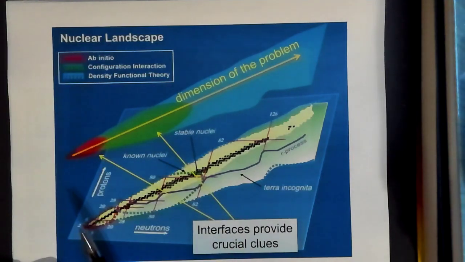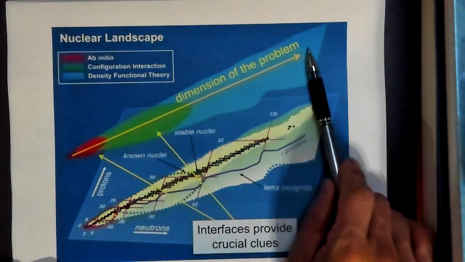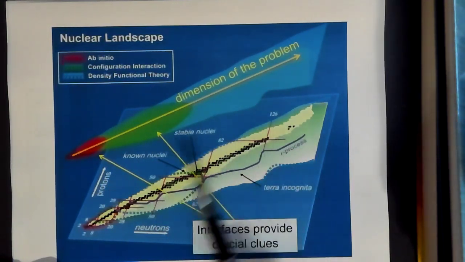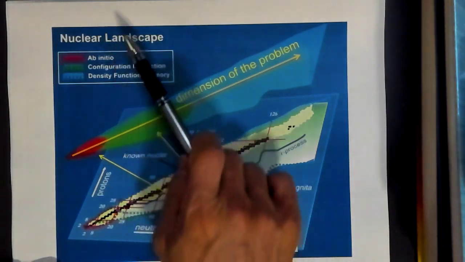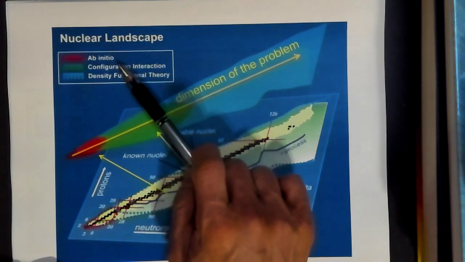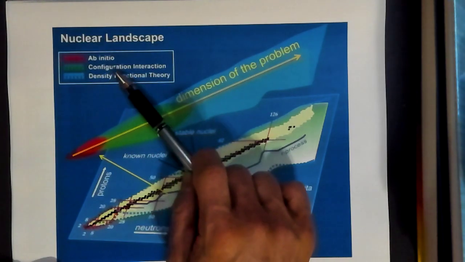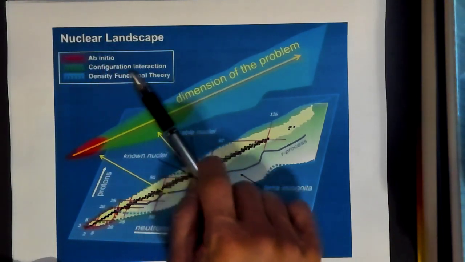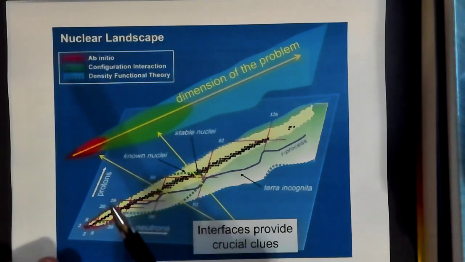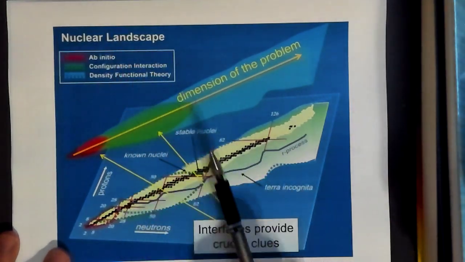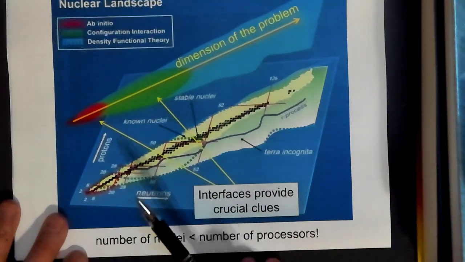But then if you use density functional theory, then you may be able to span the whole chart. Of course, as you trade from one to the other, you lose some predictive power, and you are becoming more and more empirical. You're getting some unknown parameters from the actual experimental data.